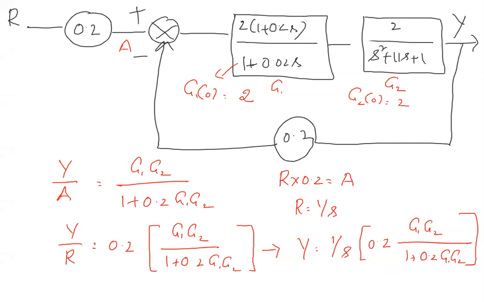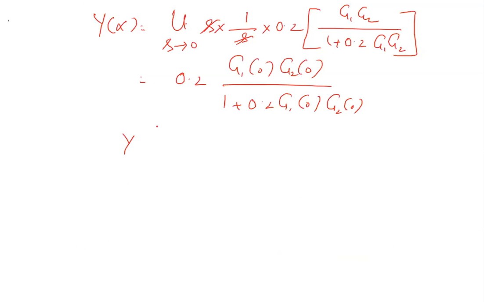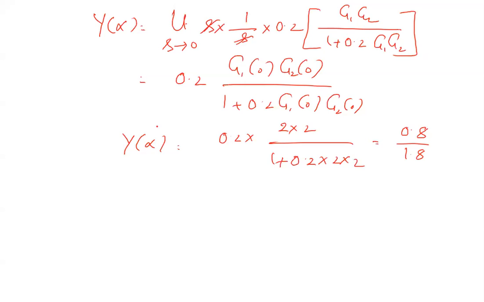So Y infinity is 0.2 into 2 into 2 divided by 1 plus 0.2 into 2 into 2, which is 0.8 by 1.8, which is 4 by 9.